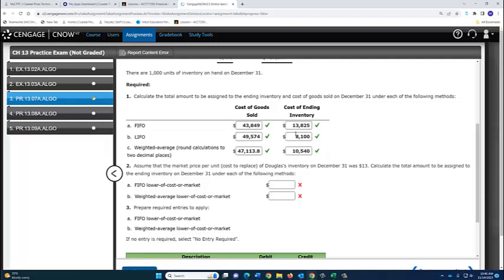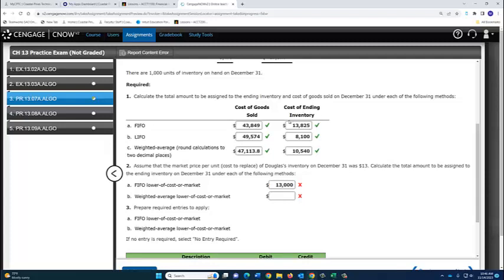So the cost under FIFO of ending inventory is $13,825. Well, the market price is $13 a unit, and remember we have 1,000 units in ending inventory, so that's 13,000. I'm going to choose the lower of these two figures. So the lower is 13,000.